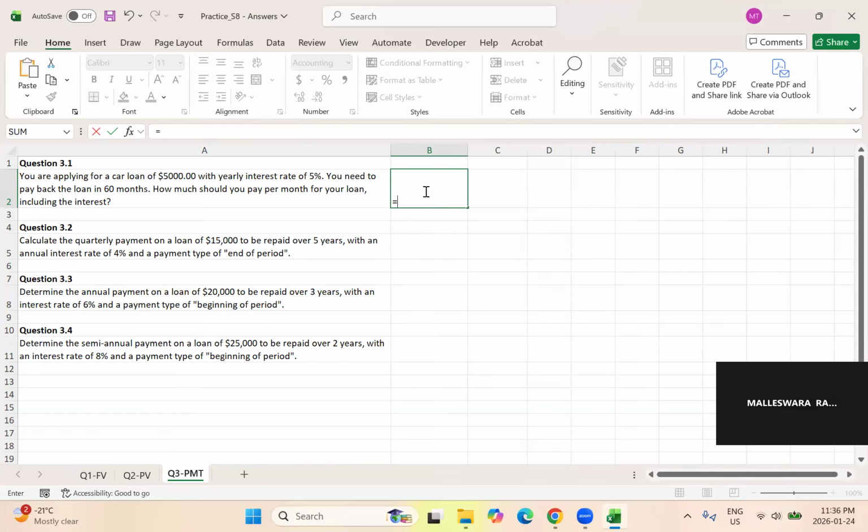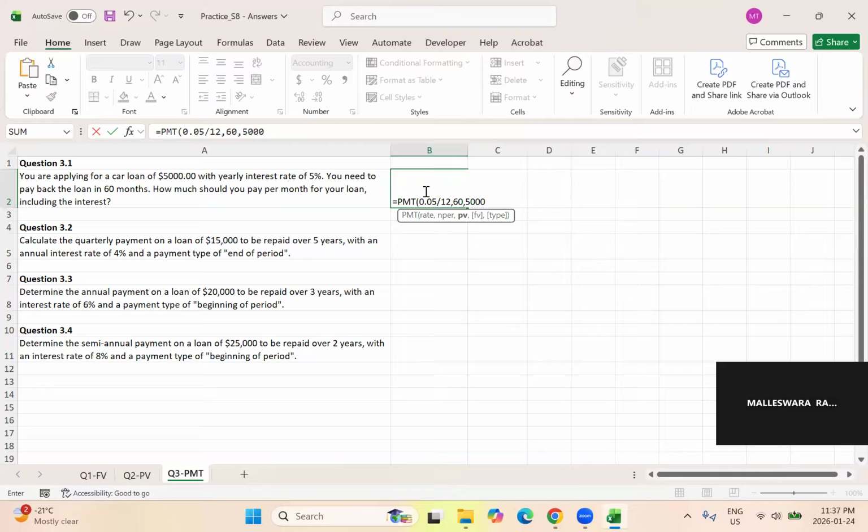So it's a payment function PMT, and the rate is 5%, 0.05, is months, 60 months, so divided by 12, and then 60 months is 60. So car loan is 5,000. The present value is 5,000.